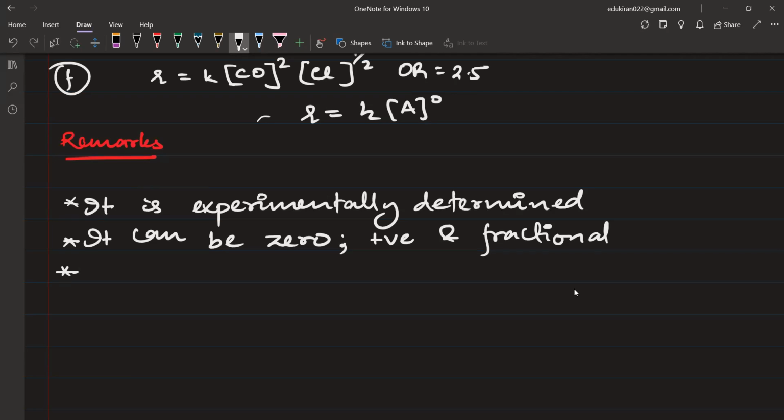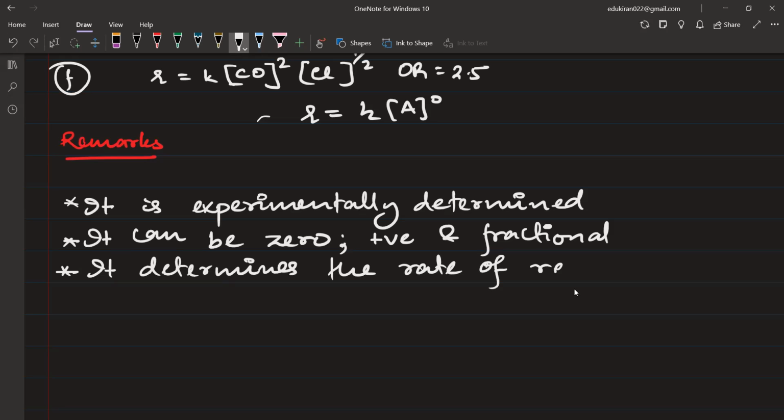Next, it determines the rate of reaction. Right, next.